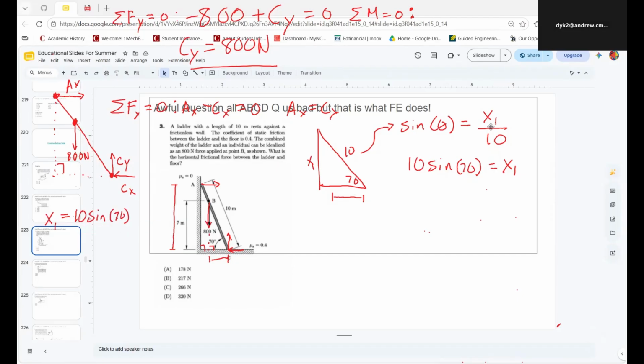But we can figure out this one first. Let's call that x2, and this is x3. So x1 squared plus x2 squared equals r squared, where r is 10.